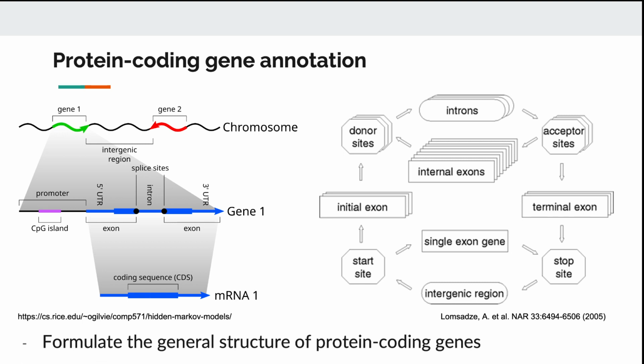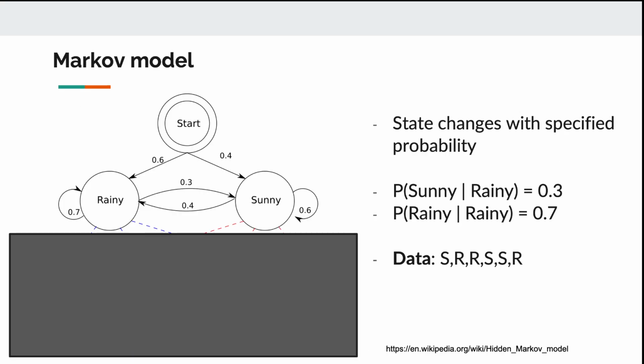So we can use a model that describes time to capture a model that describes position on the DNA sequence. And this is called a Markov model. This is a keyword that, if you are interested, you can study a lot more about.